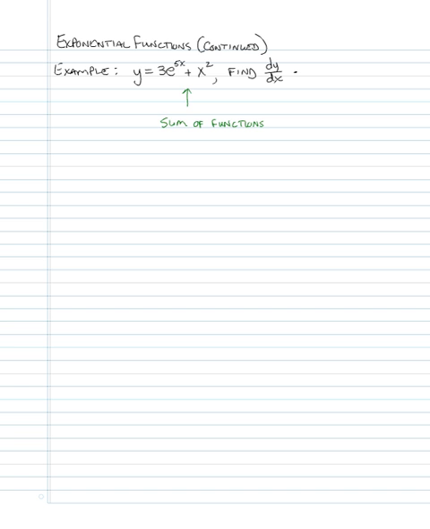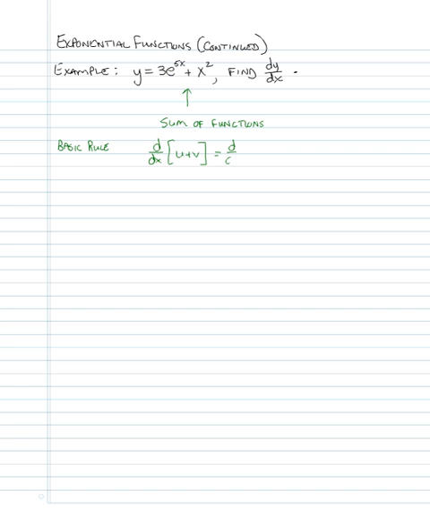We haven't run into this kind of thing except with polynomials when we took the derivative of each term. That was one of the basic rules for derivatives. Another basic rule is, what do we do when we have the derivative of a sum or difference of one or more functions?